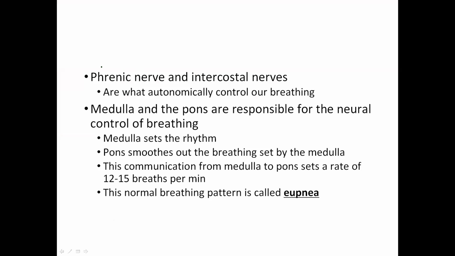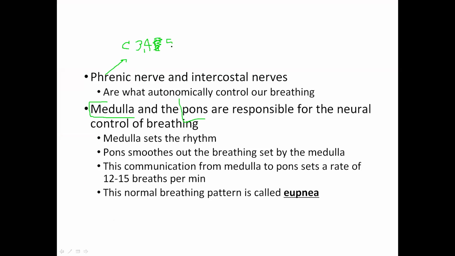Neurological control, kind of teased on it earlier, saying the brainstem, okay, more specifically the medulla and the pons. All right, so the phrenic nerve comes from C3, C4, and C5. C3, C4, C5 keeps the diaphragm alive.